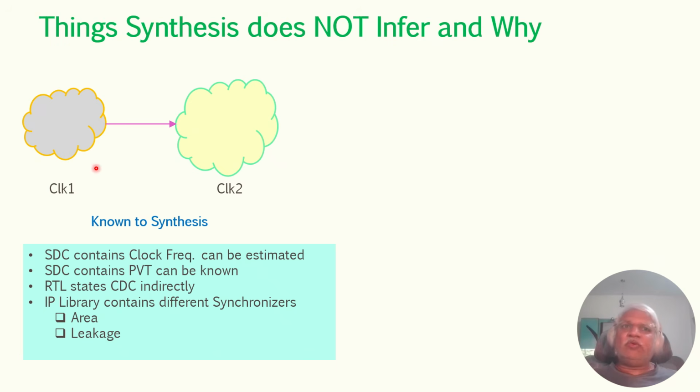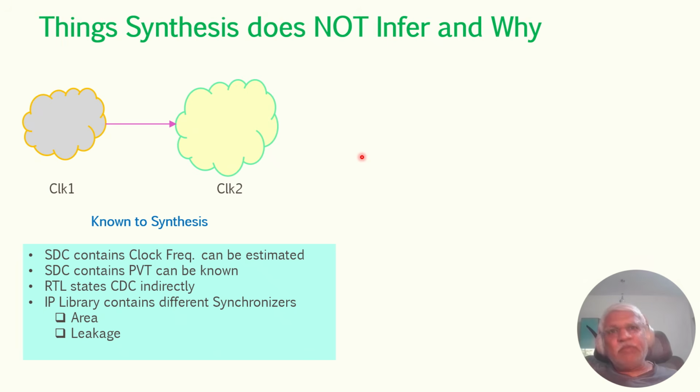And it also knows how many types of synchronizers are offered by the IP library, and what their area and leakage are. The MTBF information is not known to it because there is no specific attribute which the synthesis tool processes.